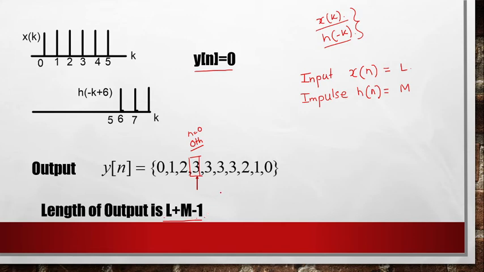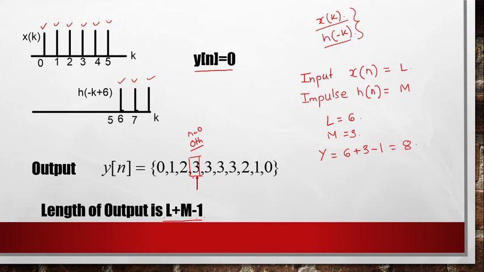So here how many input values were there? 1, 2, 3, 4, 5, 6. So my L was equal to 6. What is the length of h? It was 3 only, so M equals 3. So how many outputs will you get? You will get 6 plus 3 minus 1, that means 8.